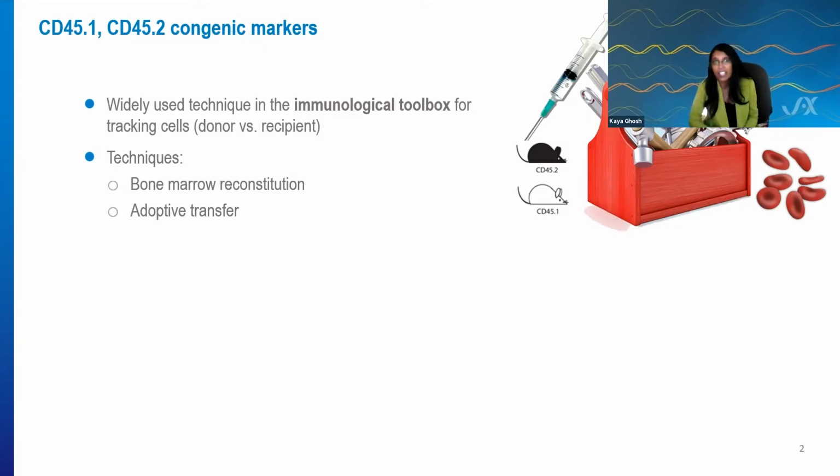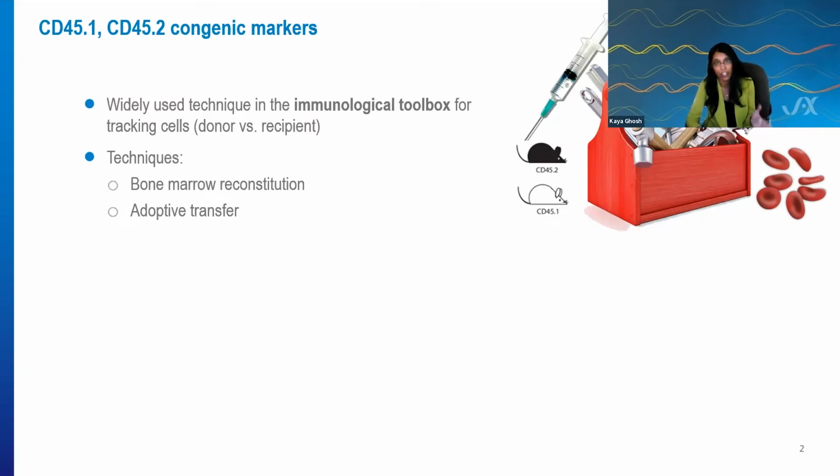So if we have any non-immunologists in the audience, they might be asking themselves, well, why not just use fluorescence markers like GFP and RFP? There's many of those strains in the repository. And so there's a couple of reasons why immunologists don't tend to favor that approach. One is that you have a little more flexibility using this congenic marker approach because you can basically use any fluorophore.